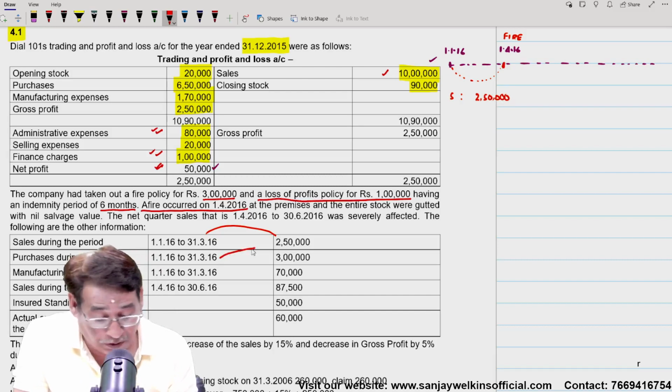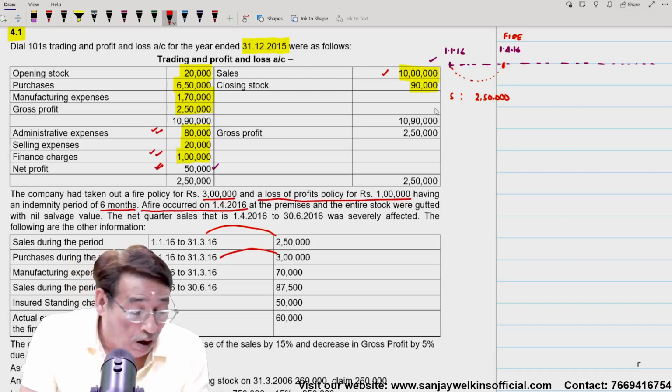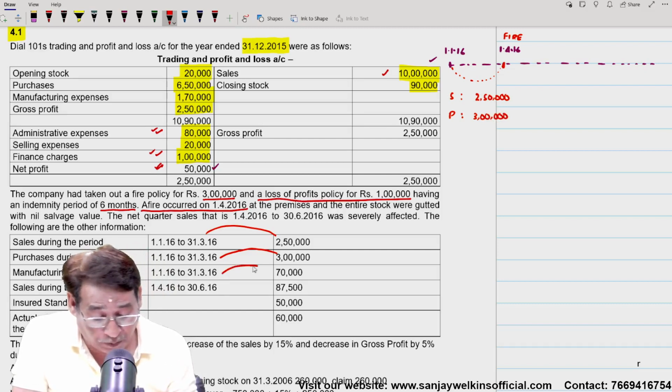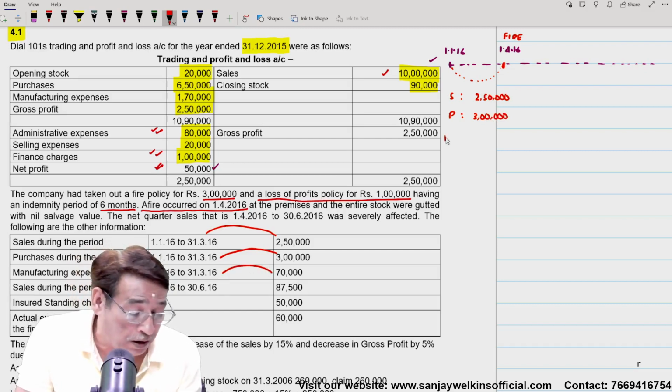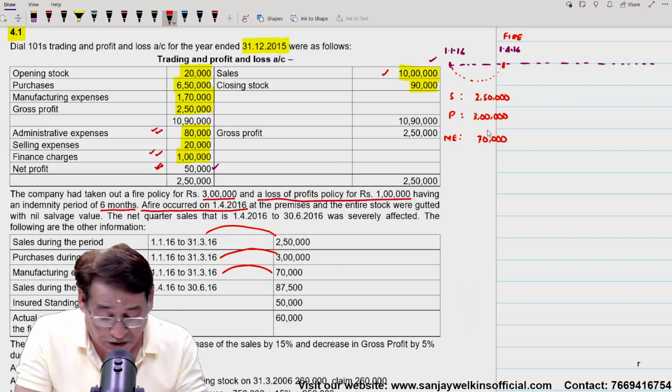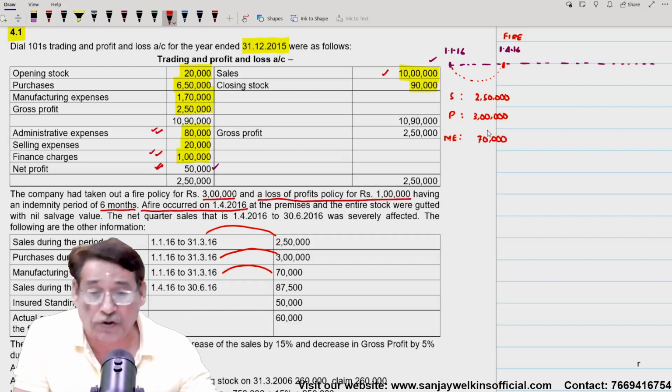Also, your purchases during this period is equal to 3 lakh. It is also given in the question. And manufacturing expenses from the beginning till the date of fire is equal to 70,000. That is also given in the question.